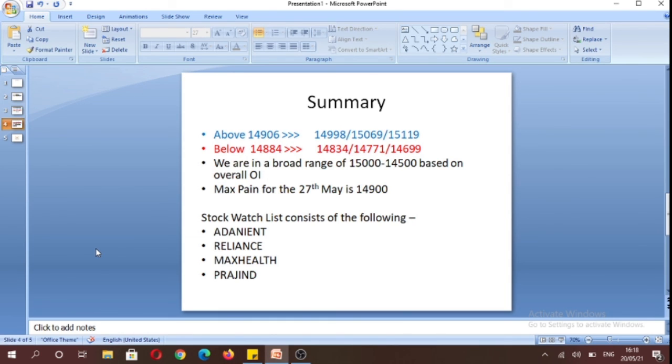And broadly speaking, we're in a range of 500 points, and the max pain for 27th May monthly expiry is at 14,900 levels. Our neutral stock watch list comprises Adani Enterprises, Reliance, Max Health, and Praj Industries. We'll look for positions in these stocks if either side of the range breaks, else we'll not be making any trades in these stocks.